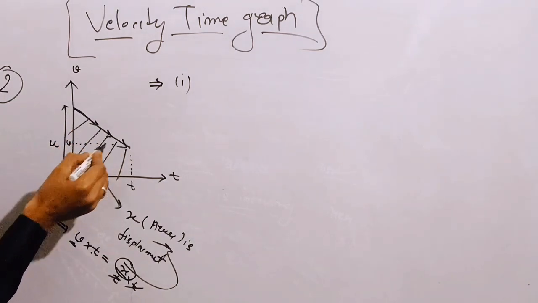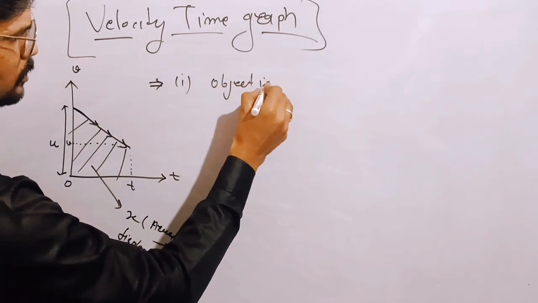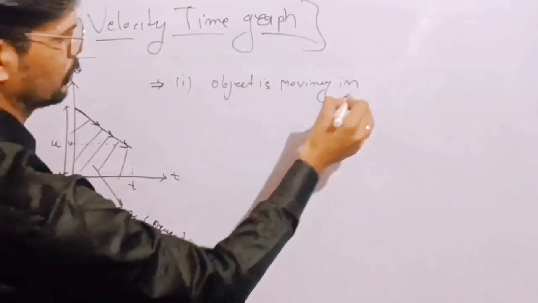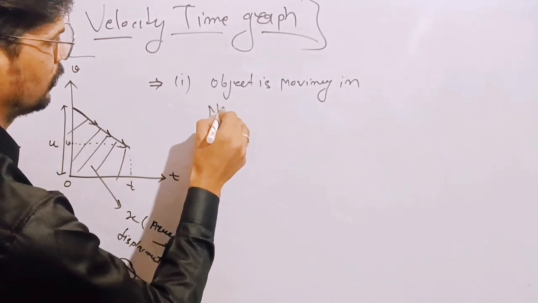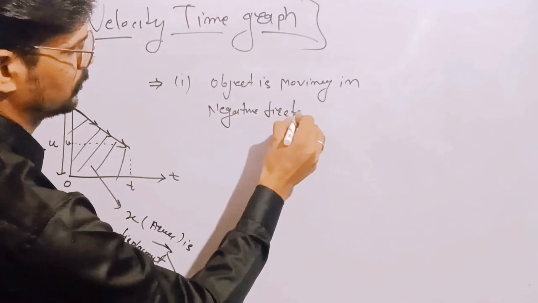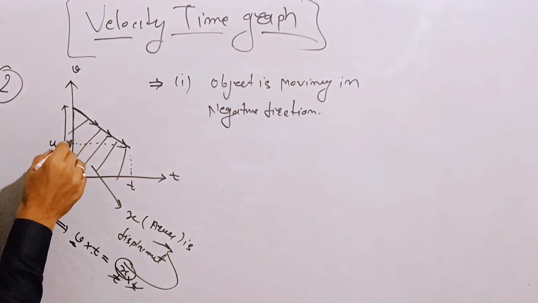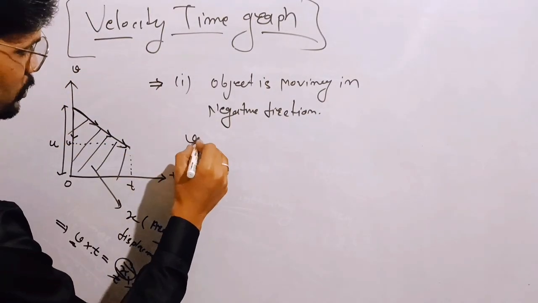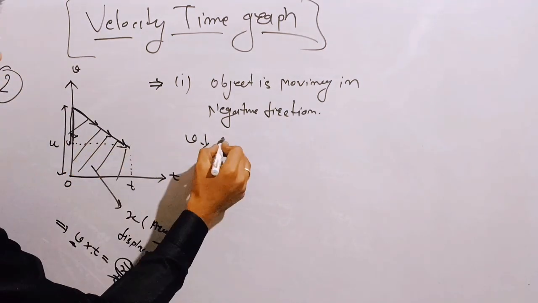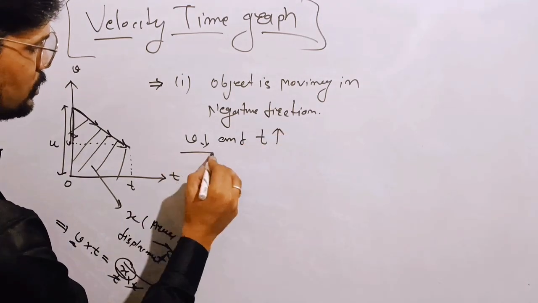So we can say an object is moving in negative direction, because the initial velocity is more than the final velocity. So the object is moving in negative direction with retardation.